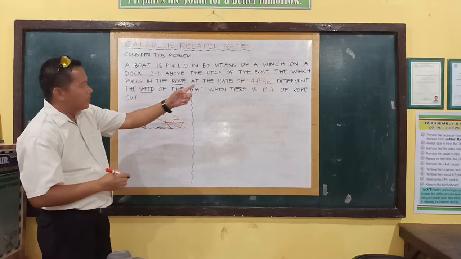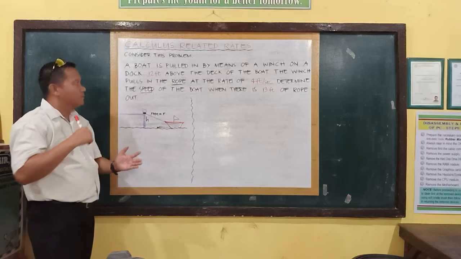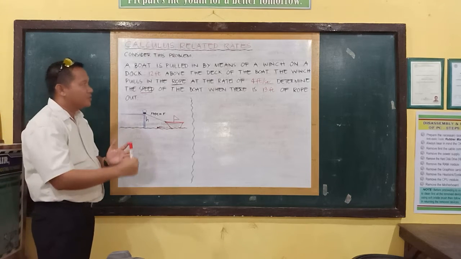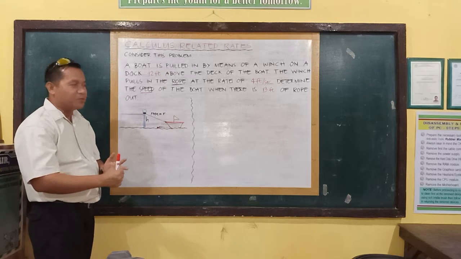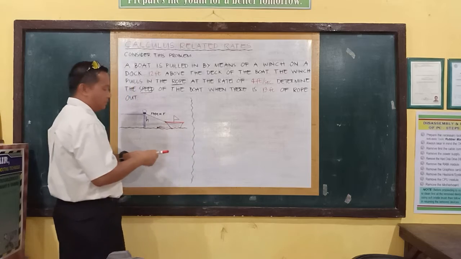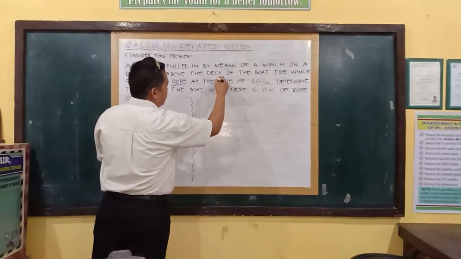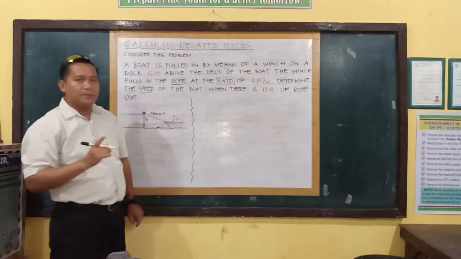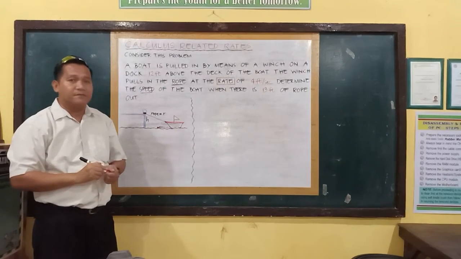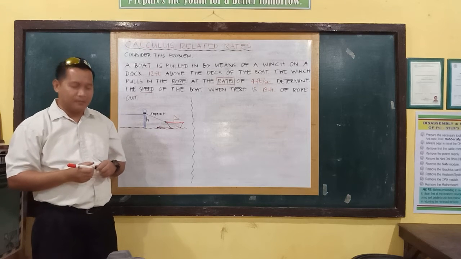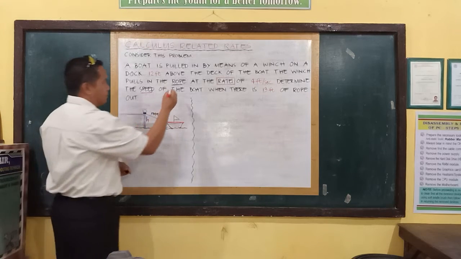And it says that the winch pulls the rope at the rate of 4 feet per second. Do you know the term rate? It's derivative. What's rate? The rope.